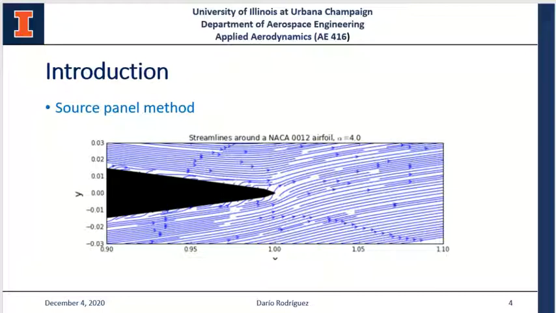This plot shows, for instance, how the streamlines behave strangely at the trailing edge if we only use the source panel method, and makes us realize that the use of a source panel method is not enough, so we have to combine that with a vortex panel method.